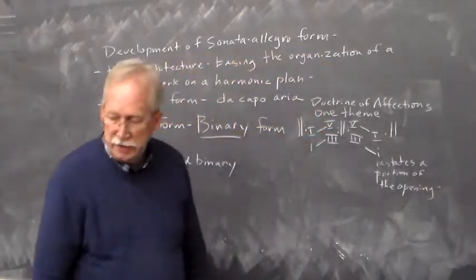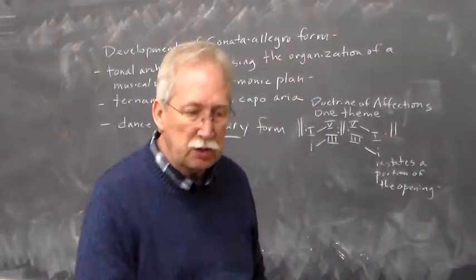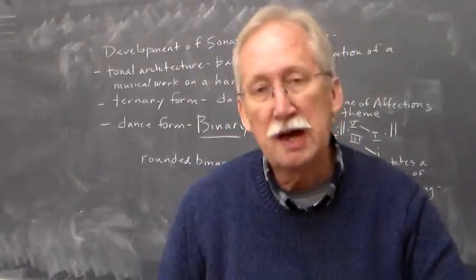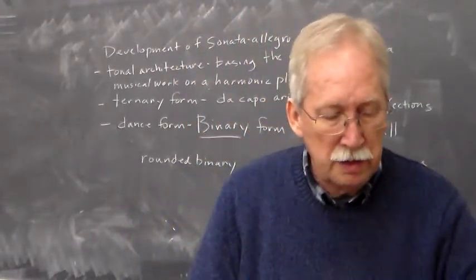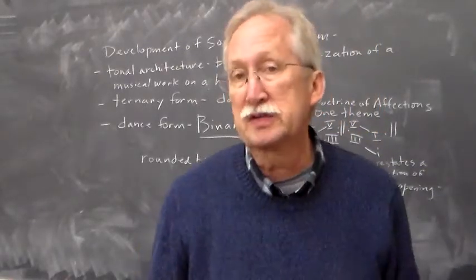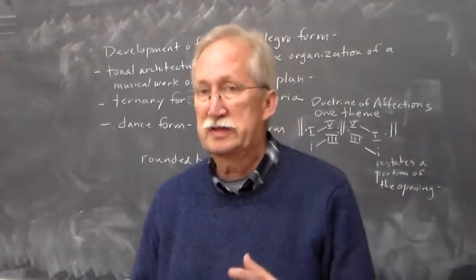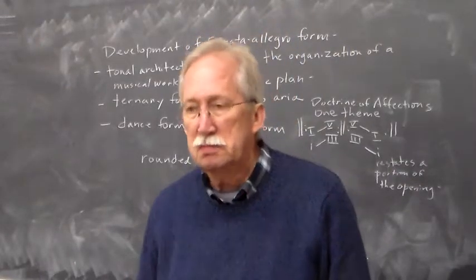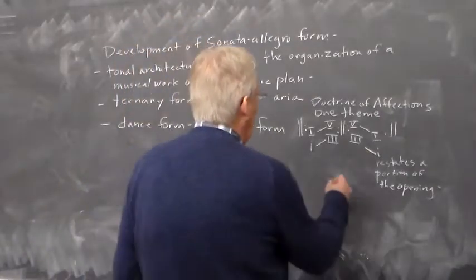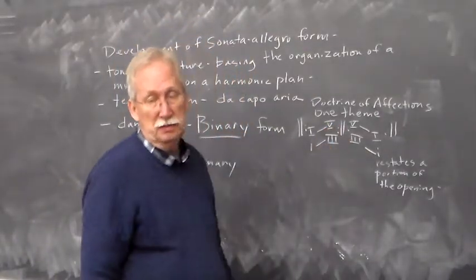All right, so one of the things then that Carl Philipp Emanuel Bach does, and other composers like Stamitz in Mannheim, is the idea of having the element of contrast, of not having this doctrine of affections element, and instead having a contrasting B theme.